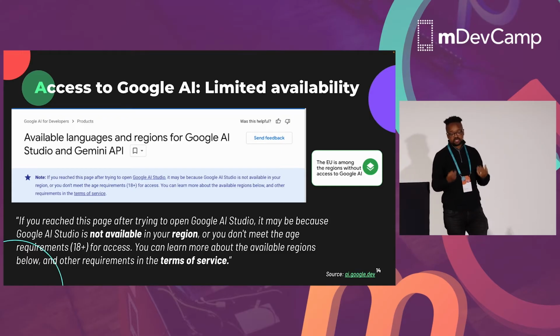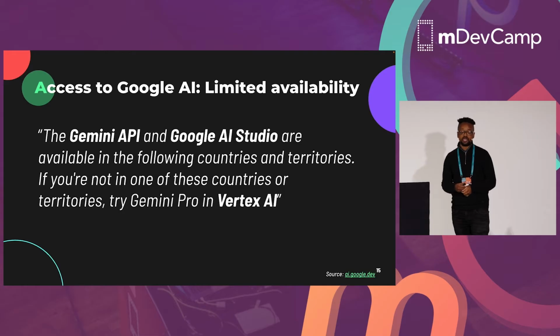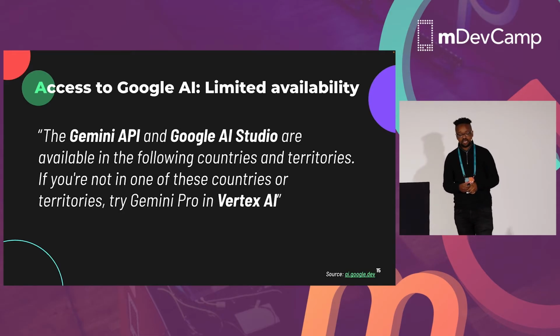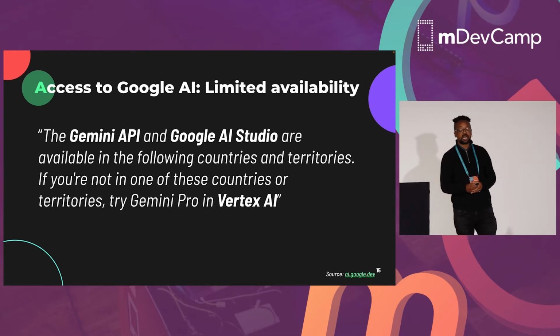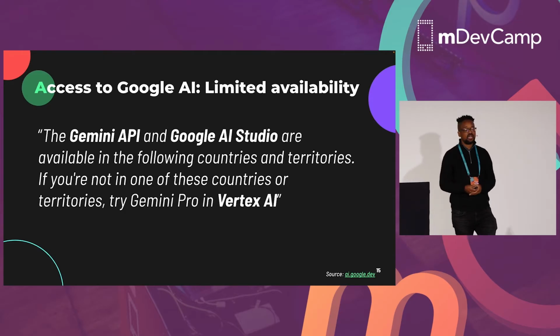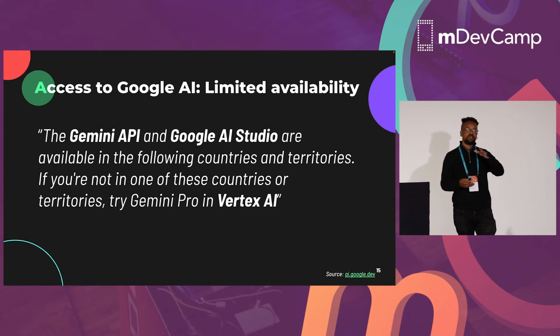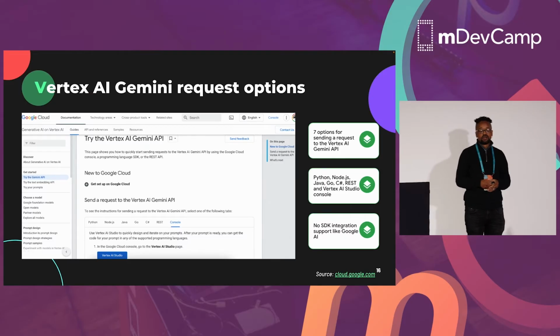Then there was additional information which basically said the Gemini API and Google AI Studio are available in the following countries and territories. If you're not in one of these countries or territories, try Gemini Pro in Vertex AI. And that's unfortunately where we fit in. Until Google AI Studio is released to the rest of the world, the EU region does not have access to it as yet.